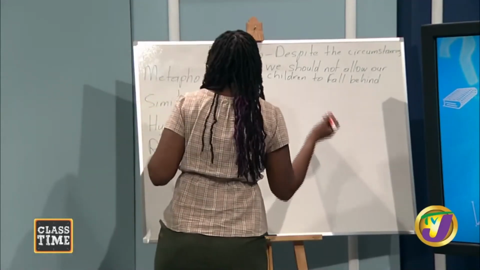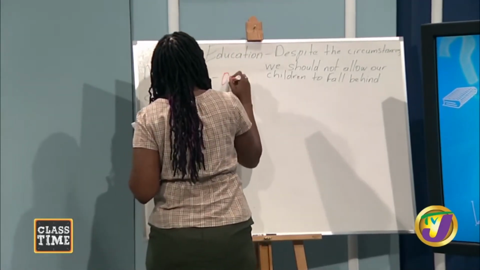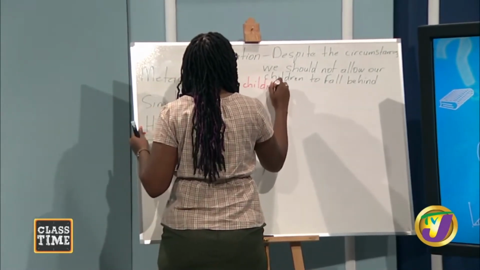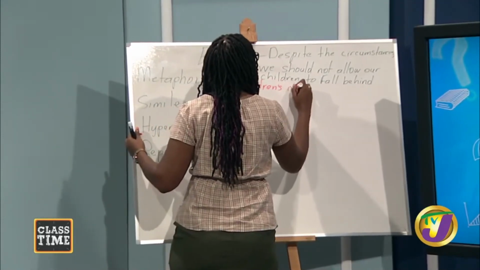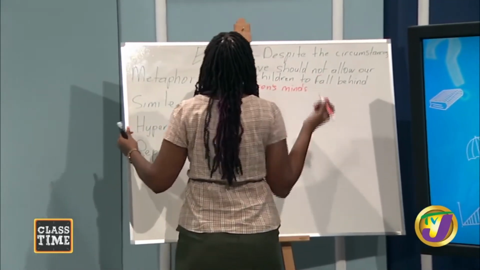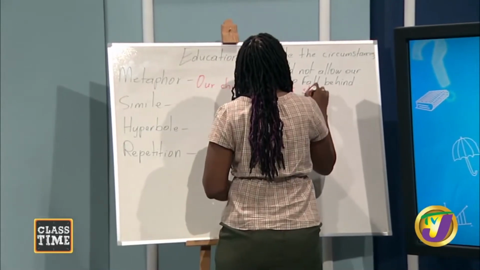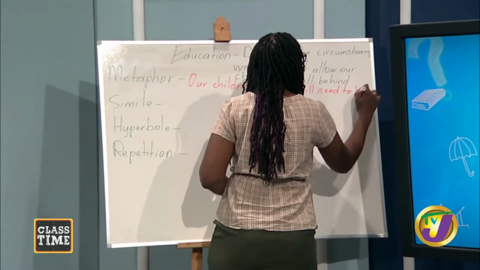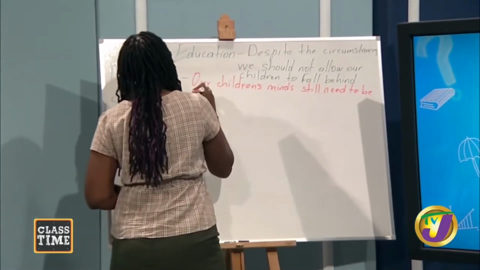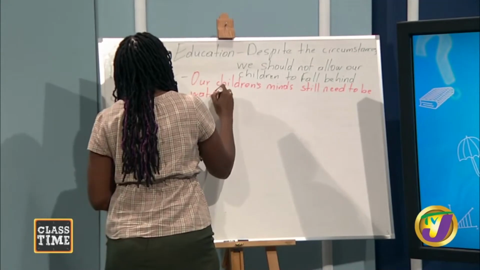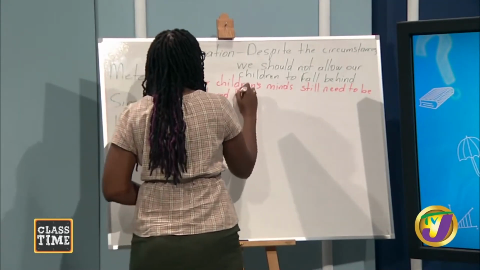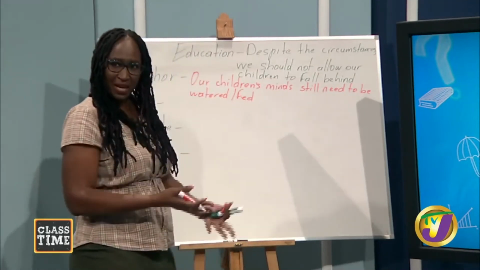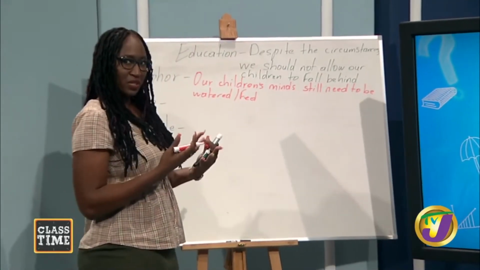So, we can say our children's minds still need to be watered, or you can say fed, watered or fed. So you can have either of two ideas coming out. You can have the idea of plants or the idea of human sustenance, right?